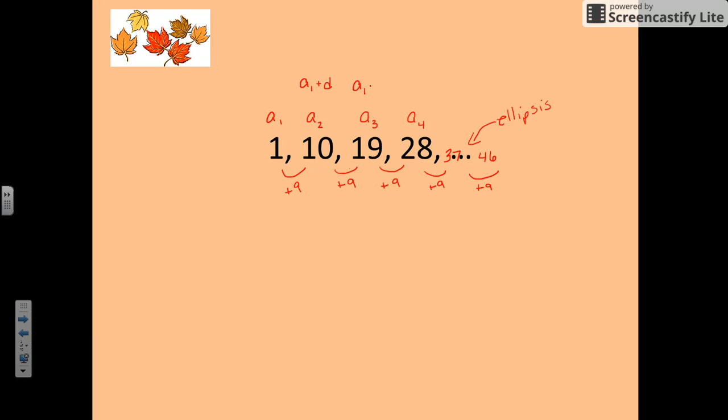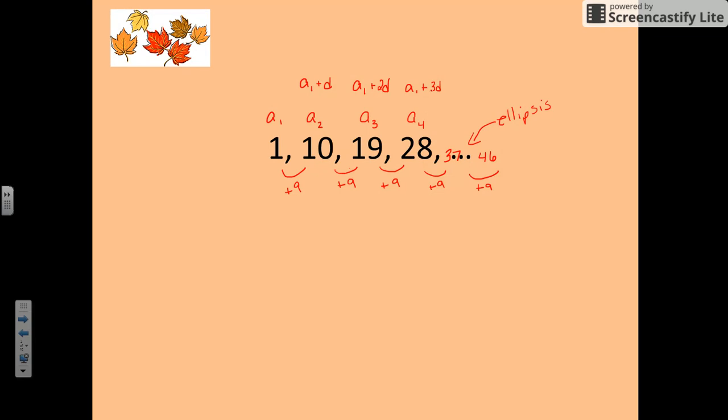This one, I could take my first term and add 2 common differences, because 2 9s would be 18 plus 1 gives me 19. And to find my fourth term, I could take the first term plus 3 common differences. 3 times 9 is 27, plus 1 gives me 28.